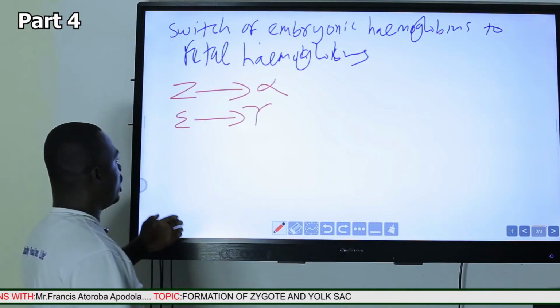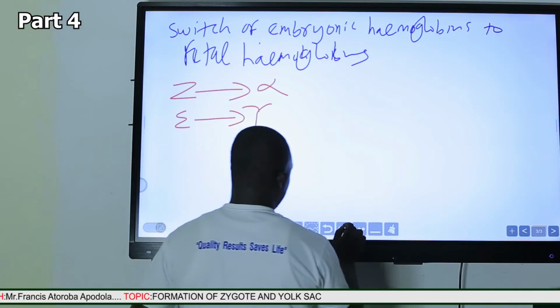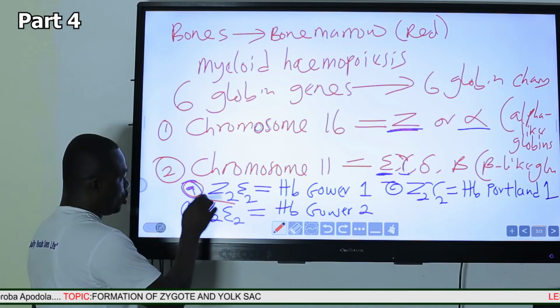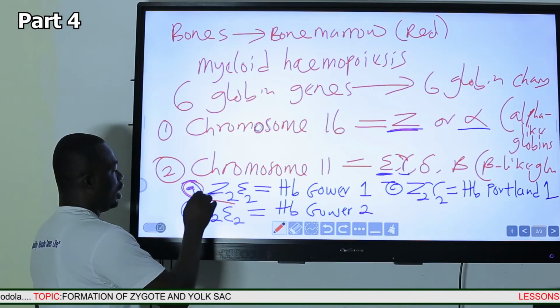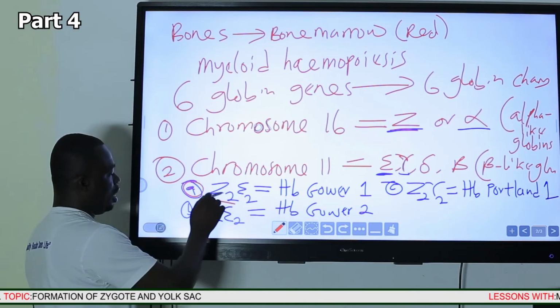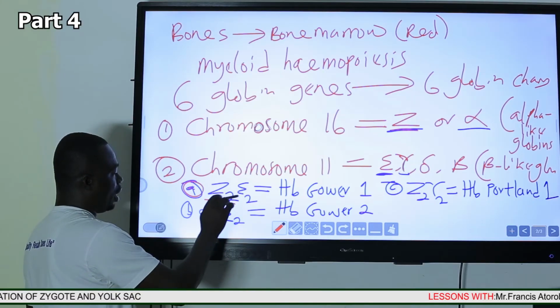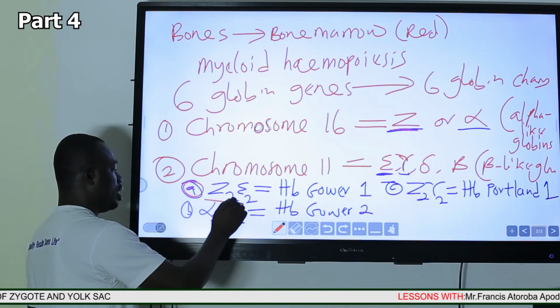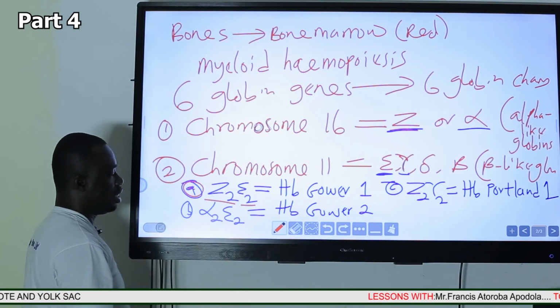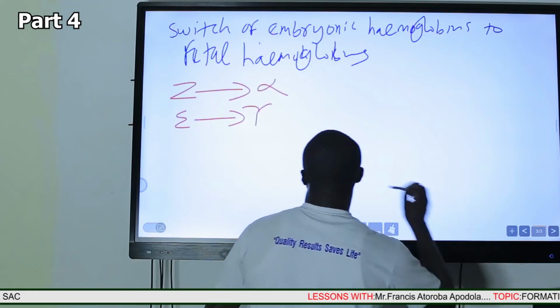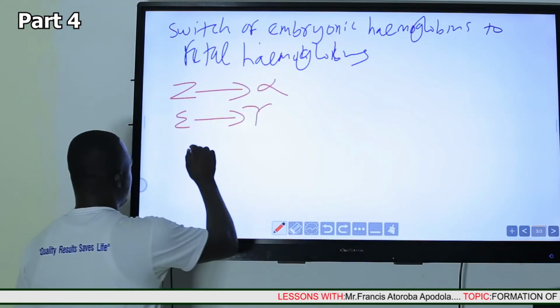So if zeta switches to alpha, we will have two alpha chains, and epsilon switching to gamma gives two gamma chains. Two alpha chains and two gamma chains is called hemoglobin F.